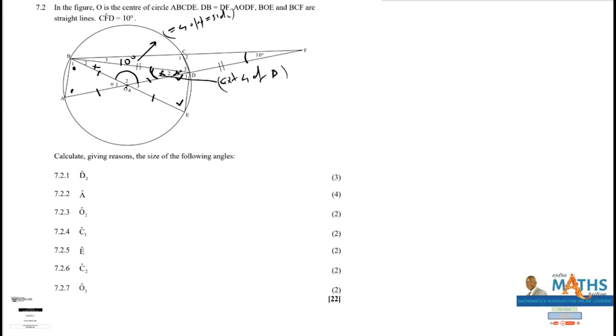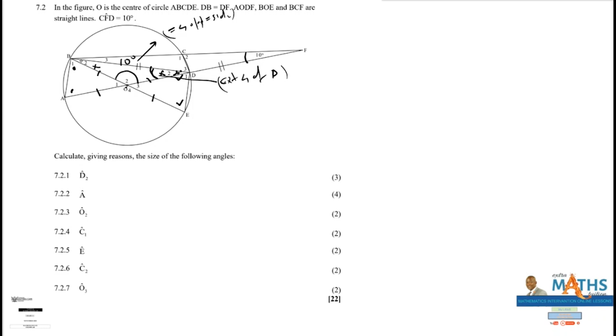If BOE is a straight line and this straight line is passing through the center, what are they trying to tell you? They're trying to tell you that BOE is a diameter. There are many things that we know about the diameter. The first one, which is very important, is that an angle subtended by a diameter is 90 degrees, and the reason is semicircle.